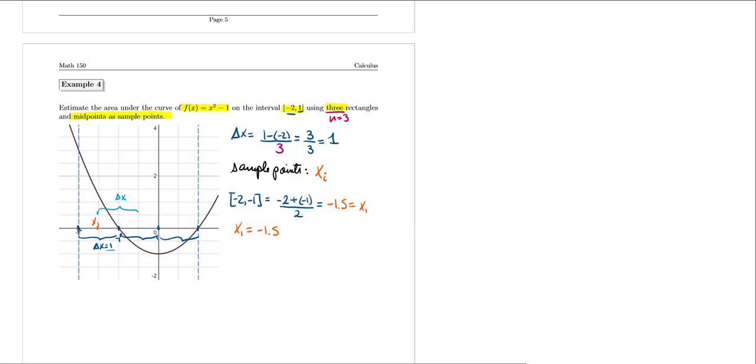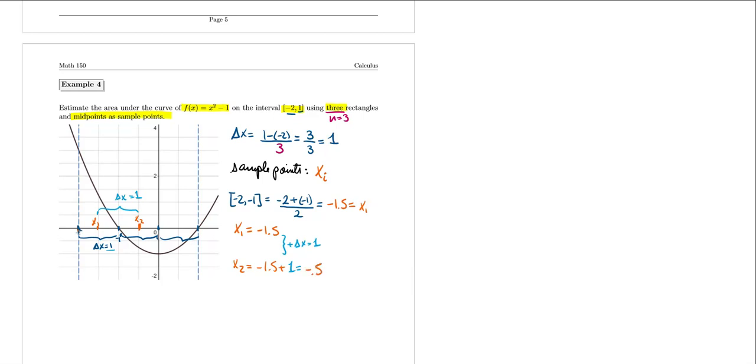To get the next sample point, what we can do here is add the delta x, which in this case was 1. So if I take the -1.5 and add 1, where do I land? Well, I land at the next sample point, x2, which is -1.5 plus delta x, which was 1, and this gives us -0.5.